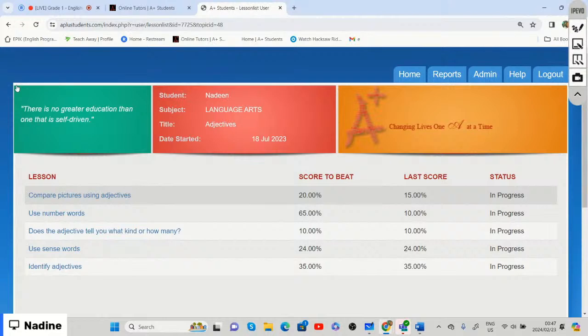Also today we identified adjectives that tell us what kind, and remember that can be described in size or color, weight, height, if it's hard or if it's soft. And then we also have adjectives that tell us how many, and they can be described in number to tell us how many of that thing there are.